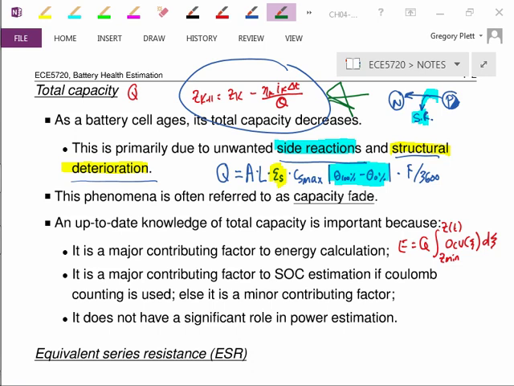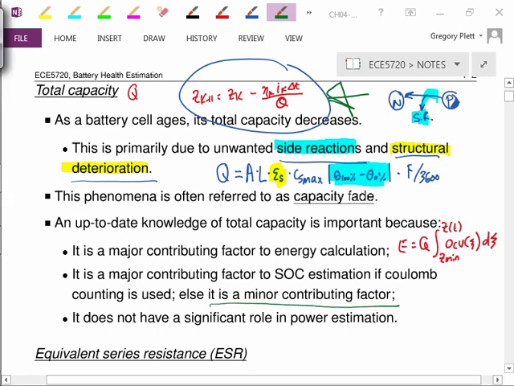If I am using something like a voltage-based method to estimate SOC, then this capacity really doesn't show up. And if I'm doing some kind of a Kalman filter, it turns out that Kalman filters are quite insensitive. They're not sensitive to a bad capacity estimate because the voltage correction feedback in a Kalman filter is usually sufficient to correct for a bad capacity estimate.